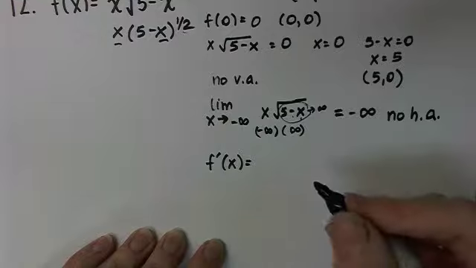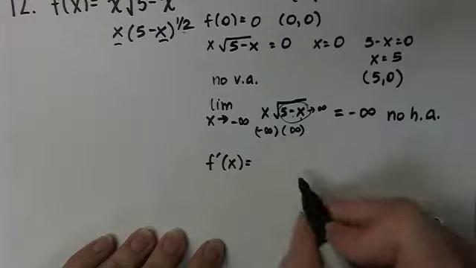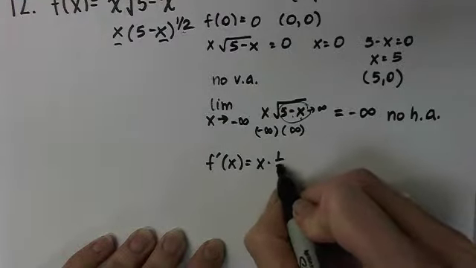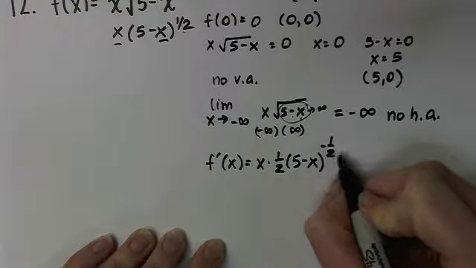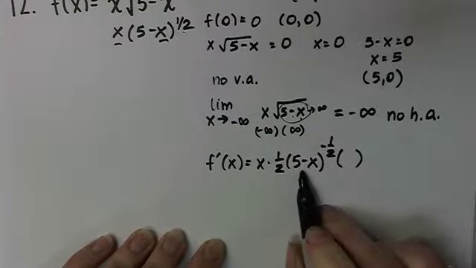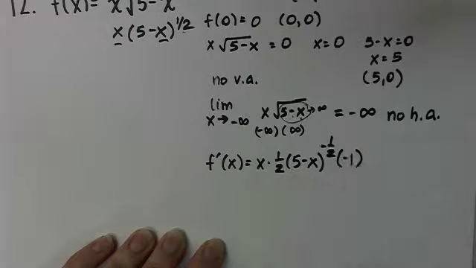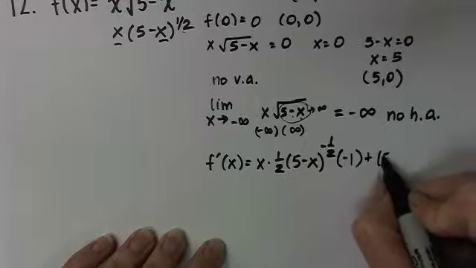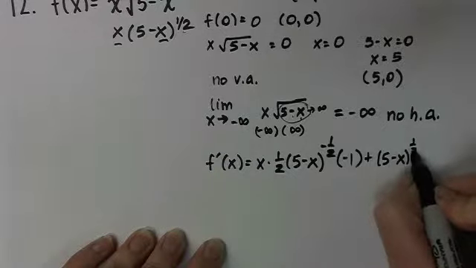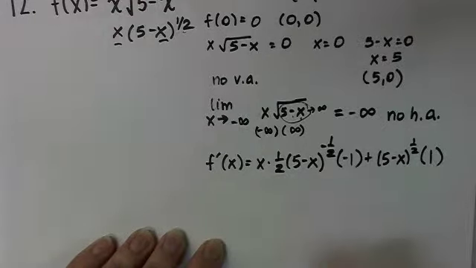So we're going to use the product rule. We've got first times derivative of the second. The new power is negative 1/2, and then the chain rule says multiply by the derivative of the inside, which is negative 1, plus second times derivative of the first, but the derivative of x is just 1.